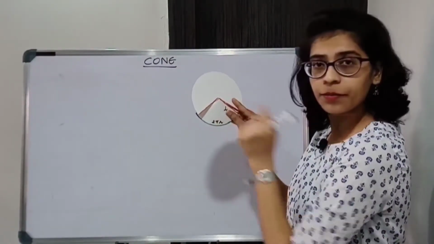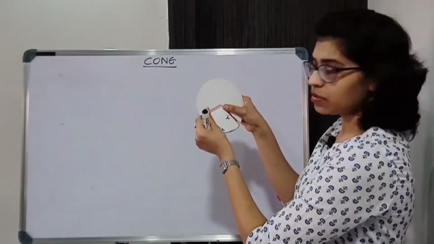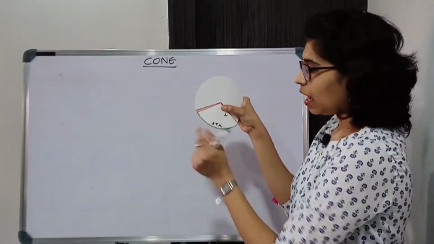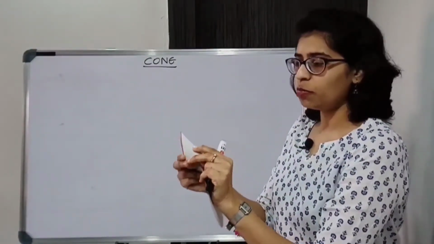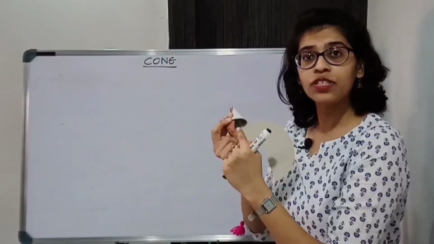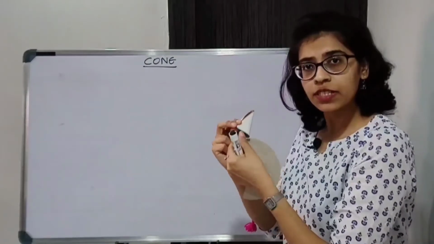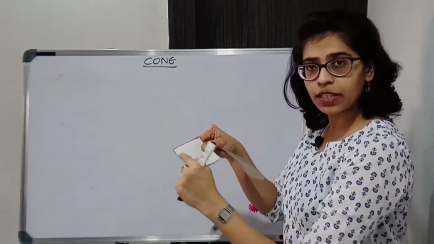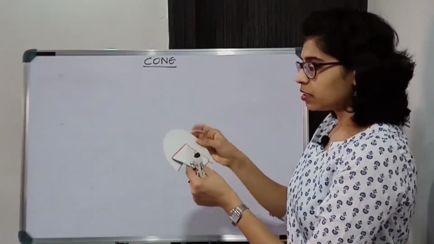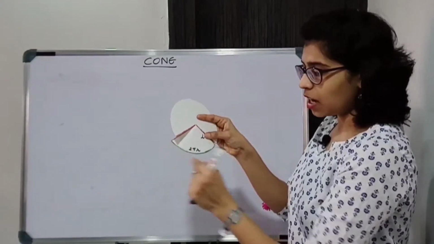It is L. So radius of this circle will be L, and what will happen to the round part of the base of this cone? It is 2 pi r, the circumference. So this will become the arc of this part.